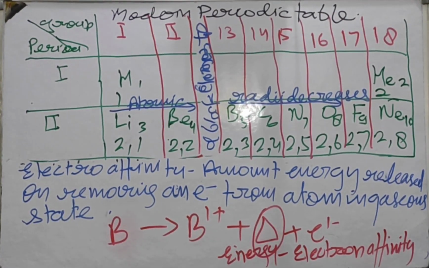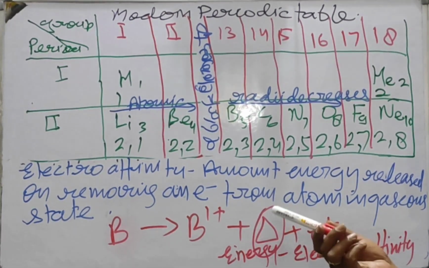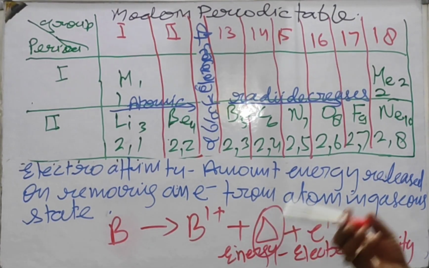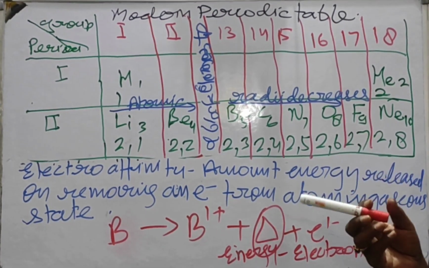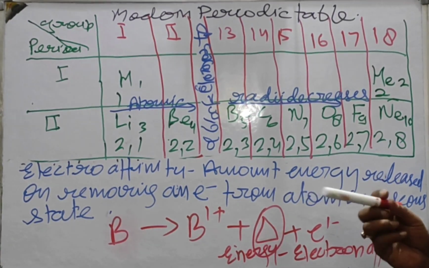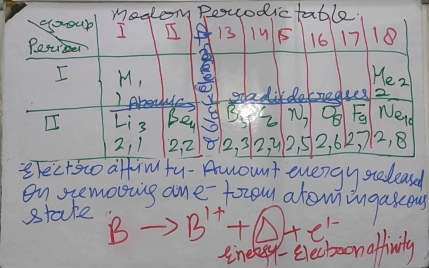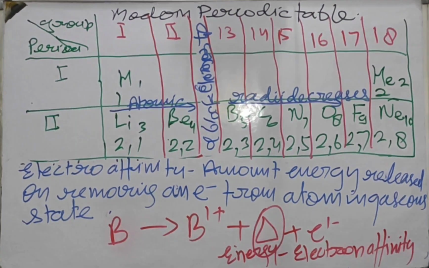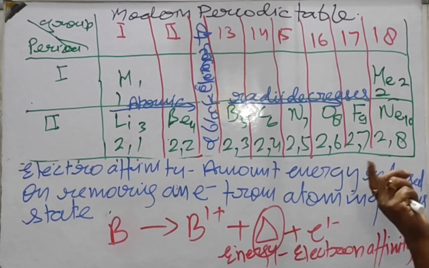Right. So these are also terms given to you: ionization potential, electron affinity, and what else? Atomic radii I told you, electronegativity I told you. Electronegativity, you know very well, right?